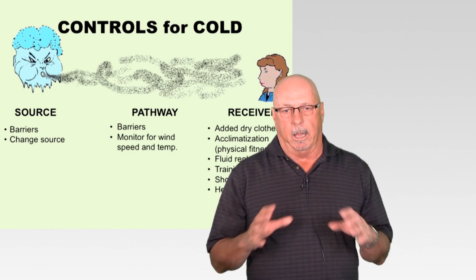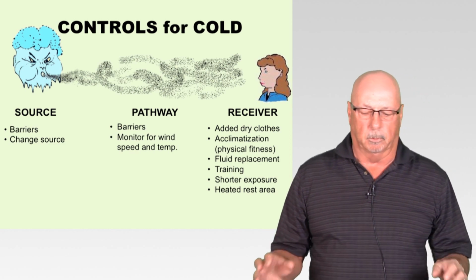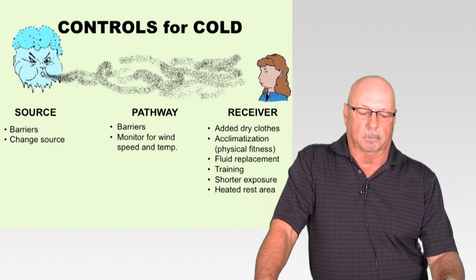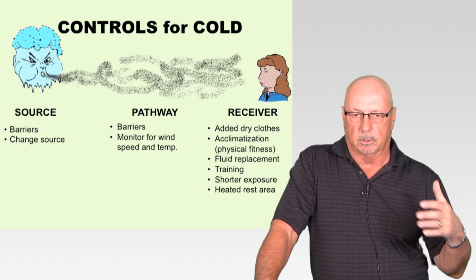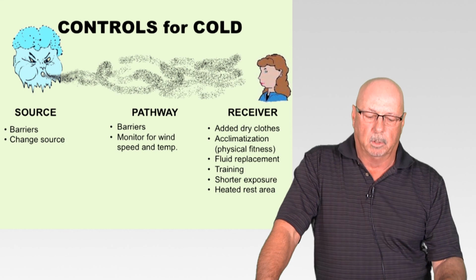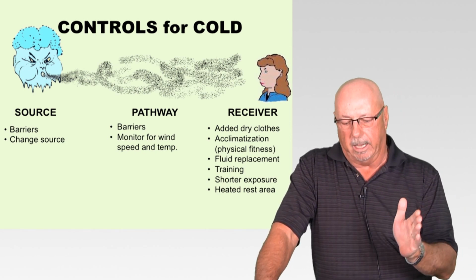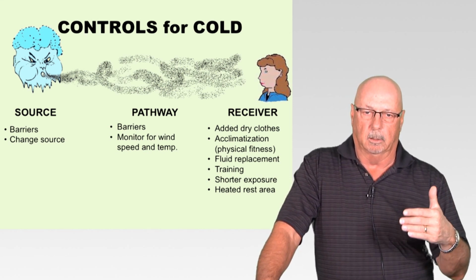Again, by breaking down our control measures into our source path receiver diagram, at the source of cold, we can use barriers and changing the source, eliminating that cold environment. In the pathway, again, we can use barriers, monitoring of the wind and the temperatures.